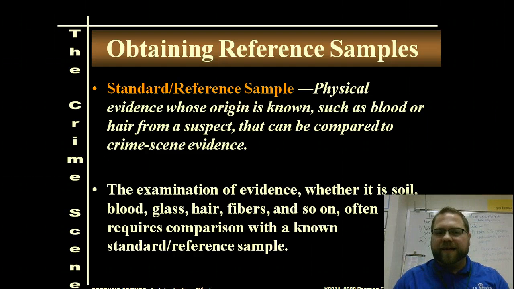That would be a standard reference sample, or even the crime scene investigators themselves who are at a particular scene. They would also need to give a sample. The examination of evidence, whether it is soil, glass, hair, or fibers, often requires comparison with a known standard or reference sample. So a standard or reference sample is something where you know the origin of it, and so you can test it against the evidence that you've collected at the scene.